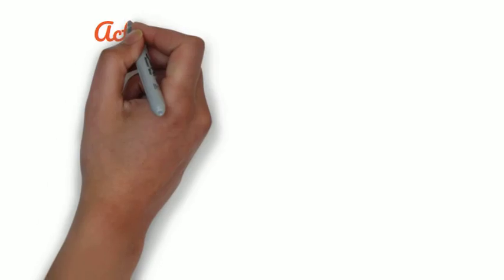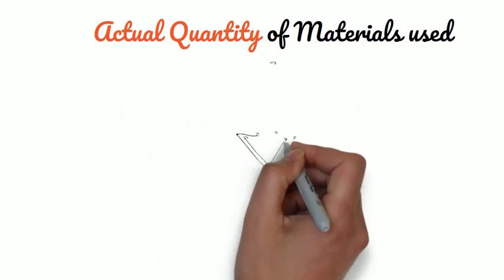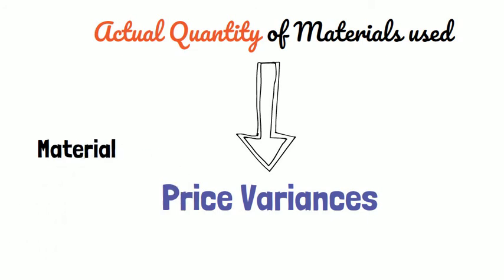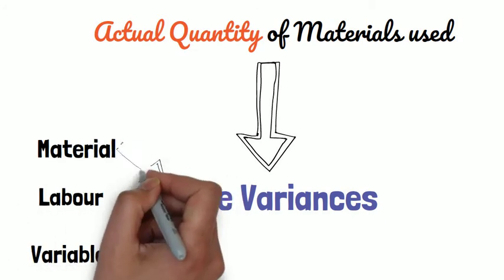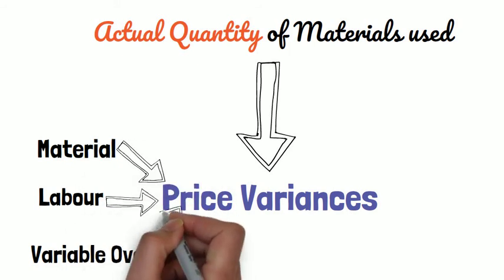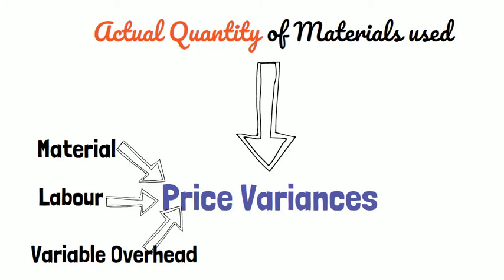We always use actual quantity or actual hours whenever we calculate the price-related variances such as material price variance, labor rate variance, and variable overhead expenditure variance. We will be talking about labor rate variance and variable overhead variance in future, and we shall concentrate on material price variance now.